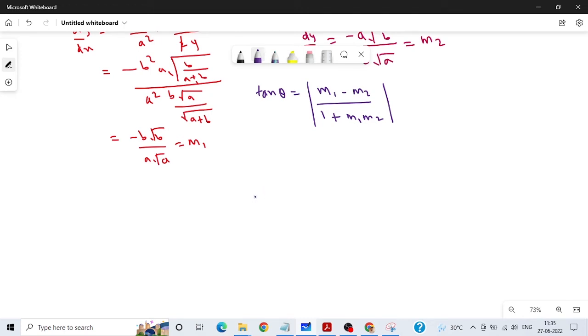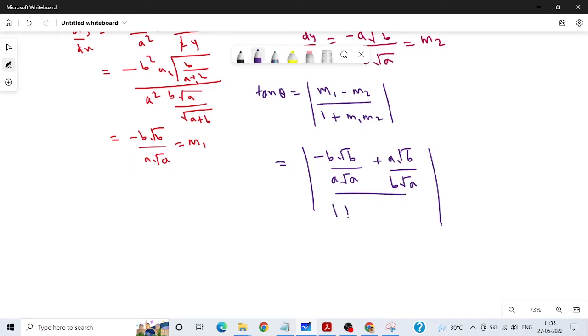So now by substituting the value of m1, which is minus b square root of b upon a square root of a, plus a square root of b upon b square root of a, upon 1 plus b square root of b upon a square root of a multiplied by a square root of b upon b square root of a.